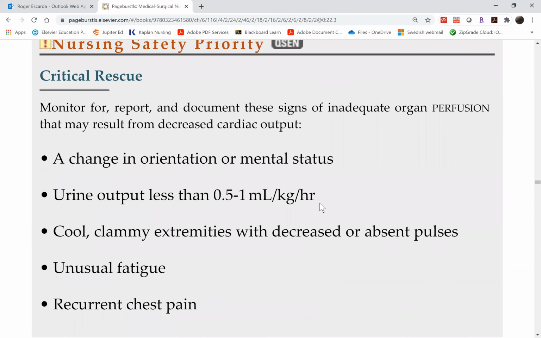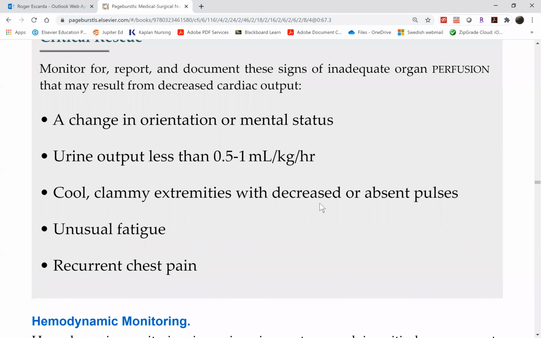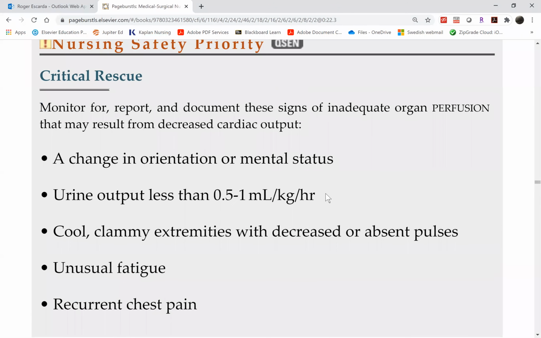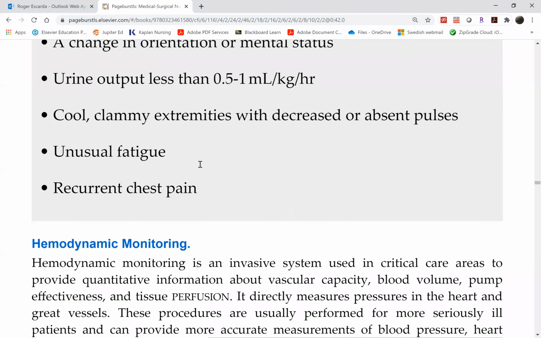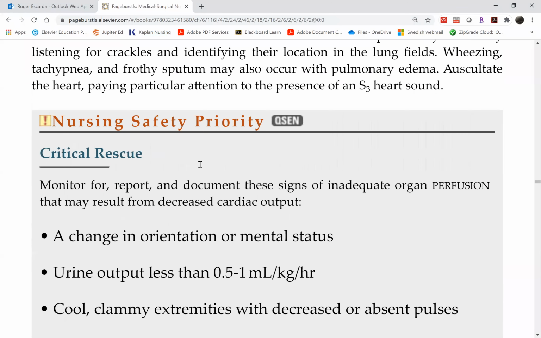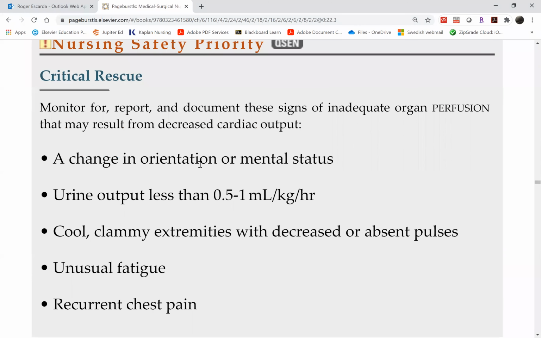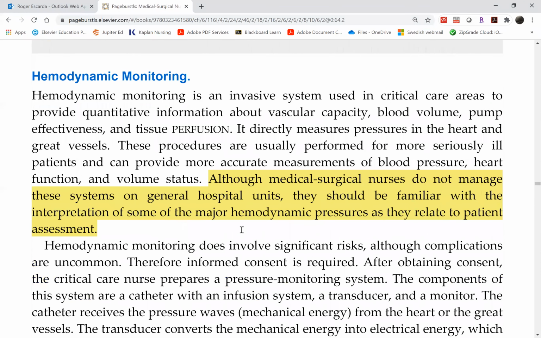So mostly the arteries supplying the left side. These are your indications of decreased cardiac output. This is not shock yet, but you can consider this early signs of shock. Nothing really exclusive. I mean, you see this in most cardiac conditions.